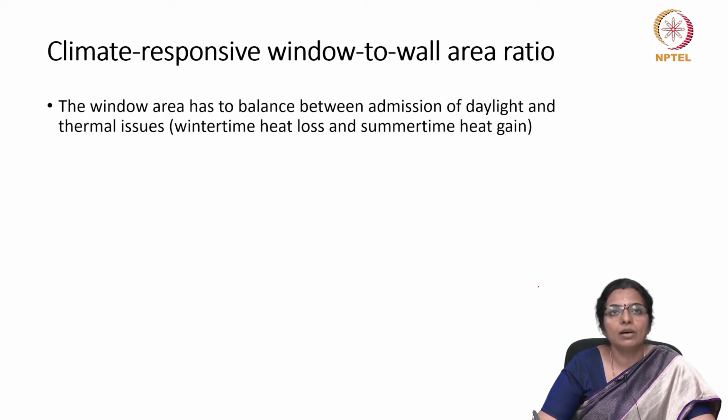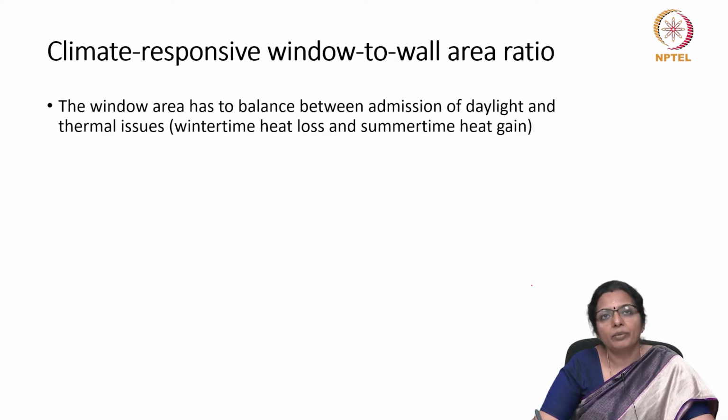So, we must have an optimal window to wall area ratio. Normally, a percentage of between say 30 to 40 is considered appropriate in the Indian context in a warm humid climate to have good daylighting inside with optimized solar gain.